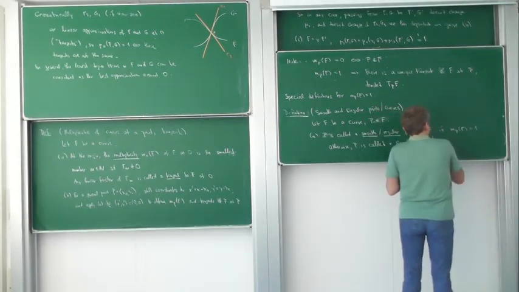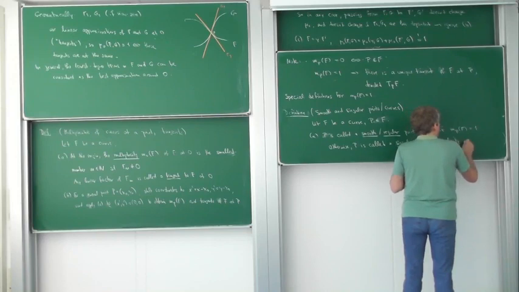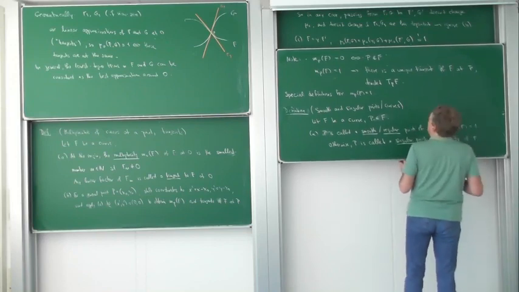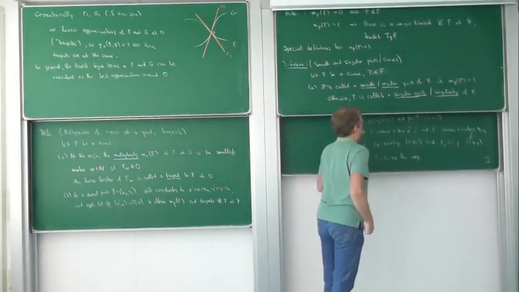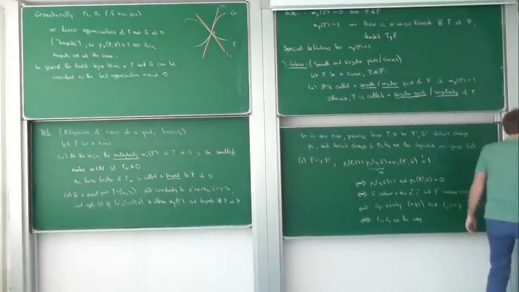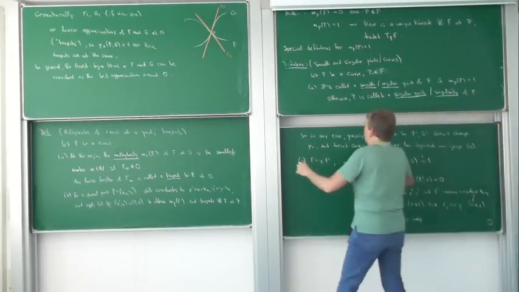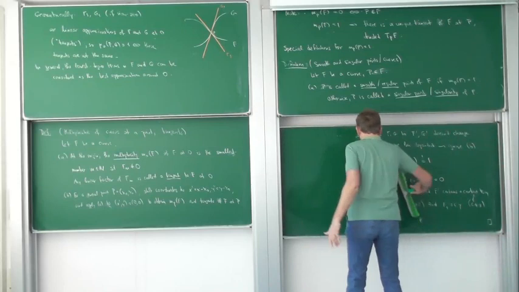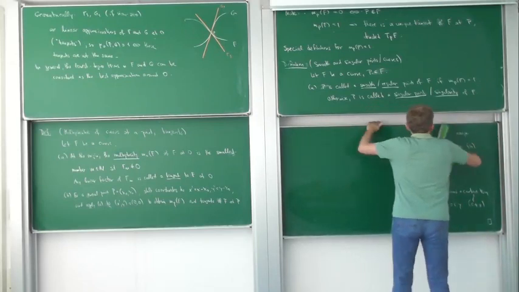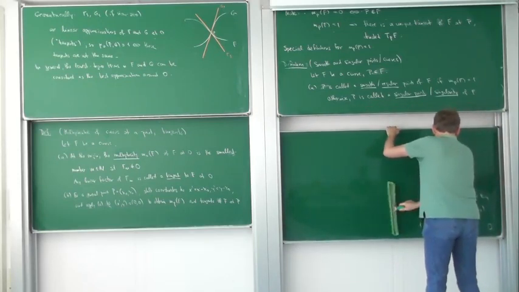Or some people also say it's the singularity of f. And B, as one might expect, we call the whole curve smooth or regular if every point is smooth or regular.